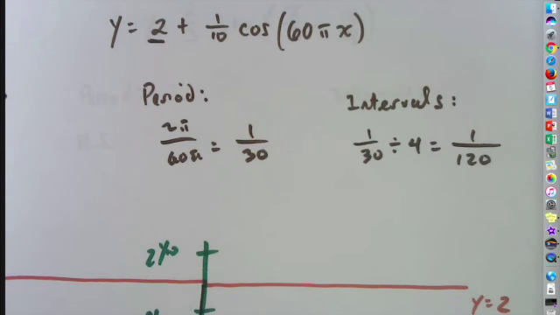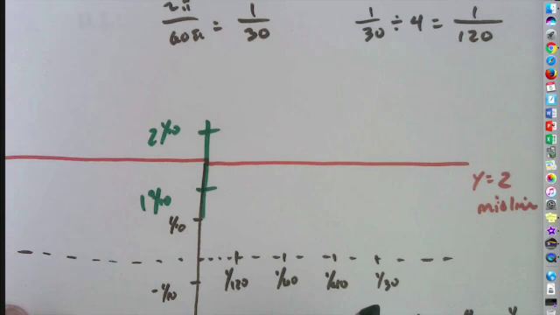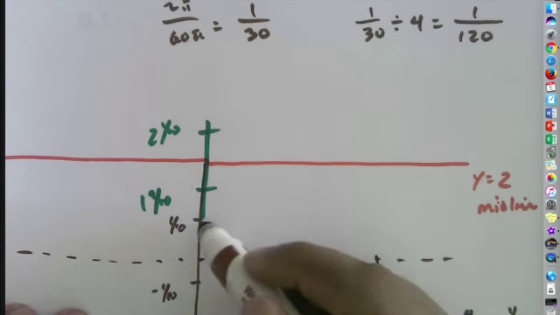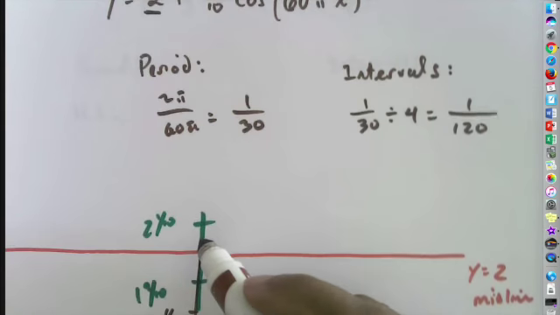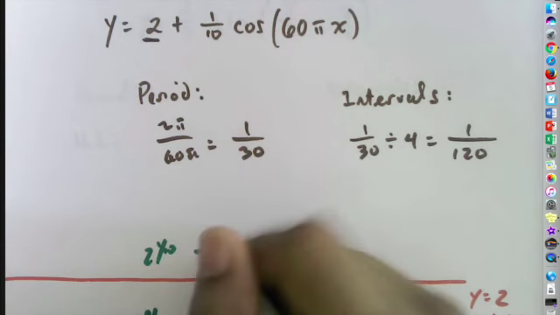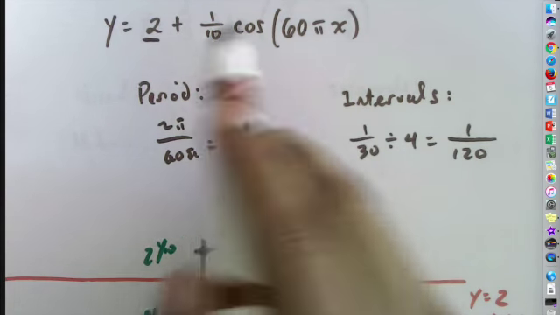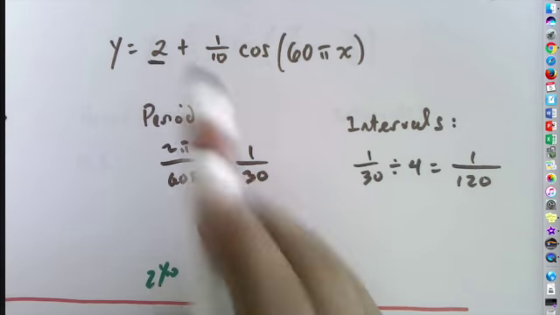Okay, so let's go ahead and graph this. Usually for sine, we would start at the origin, but since we are talking about cosine, we will actually start at the maximum, but because the maximum is shifted up 2 units, we are looking at 2 and 1/10 to start. Notice again that I am starting at a max and not the min, because the 1/10 is a positive value.